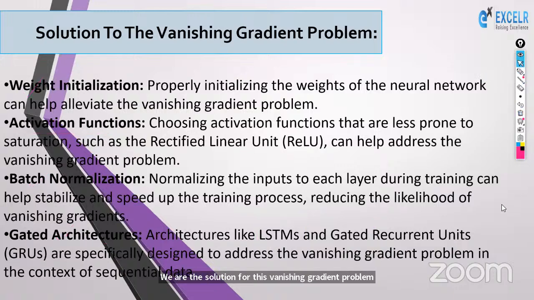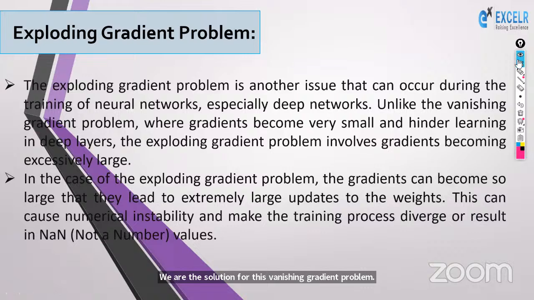Then we have an exploding gradient issue. Opposite to vanishing gradient, let's suppose we are multiplying different recurring weights n number of times, and these gradients are greater than 1. If you multiply many gradients which have a value more than 1, ultimately you get a very large value.